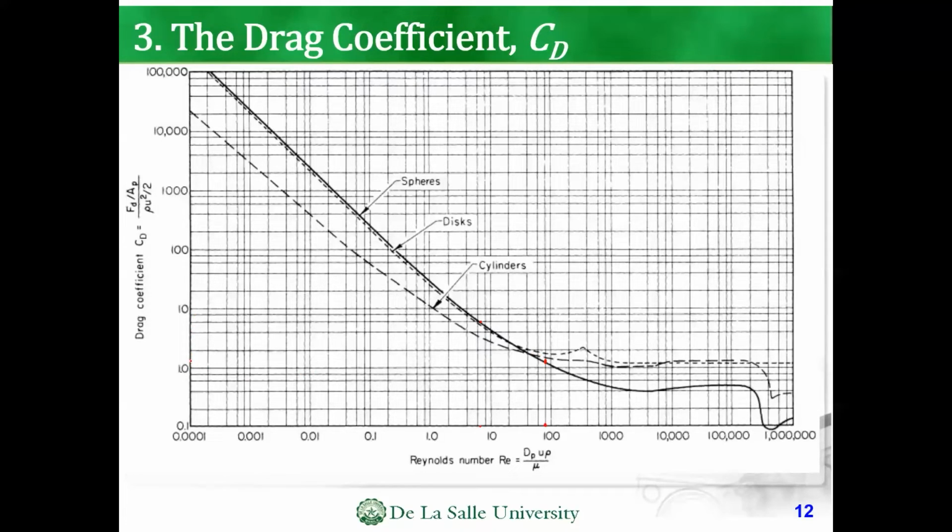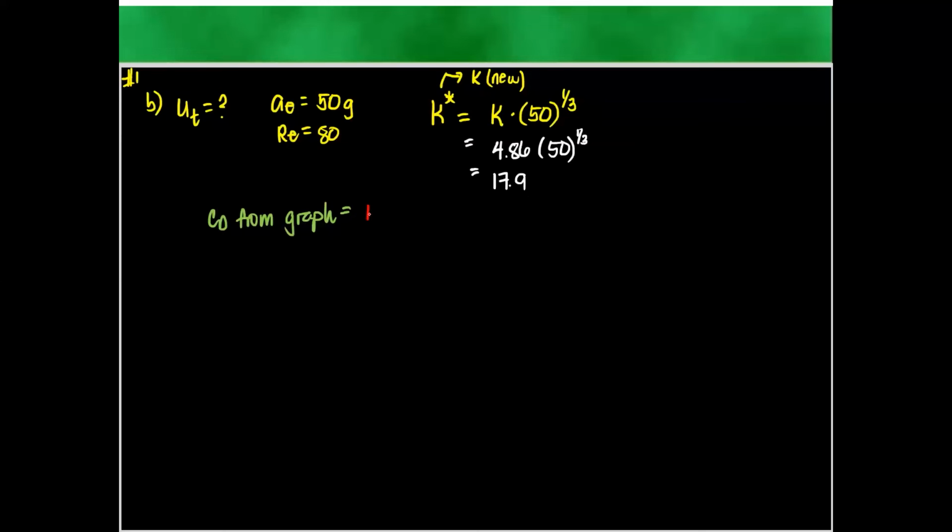So can I safely say that this is 1.3, 1.4? What's this? 1.3, no? So from the graph, approximately 1.3. Therefore, what's being asked? UT.